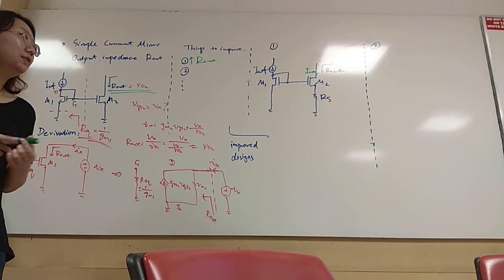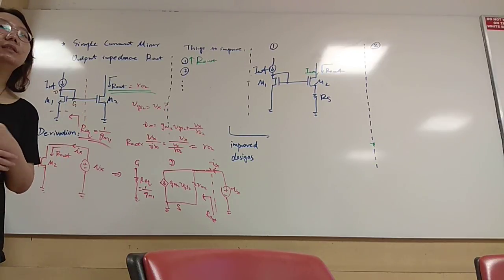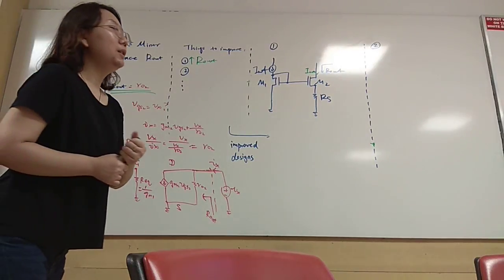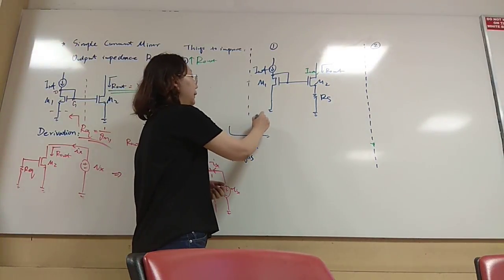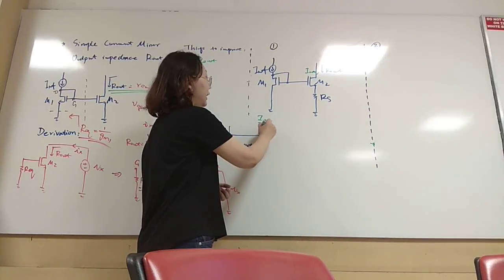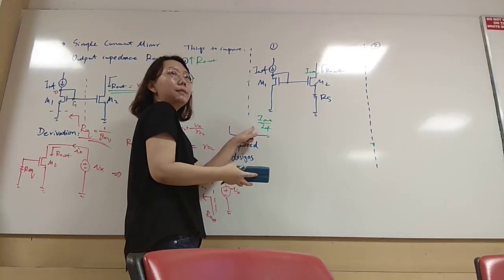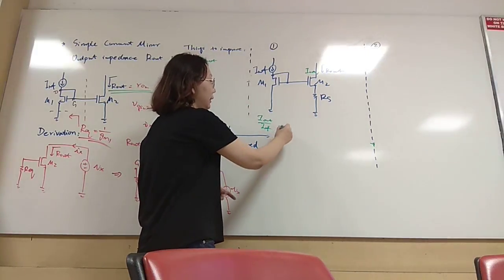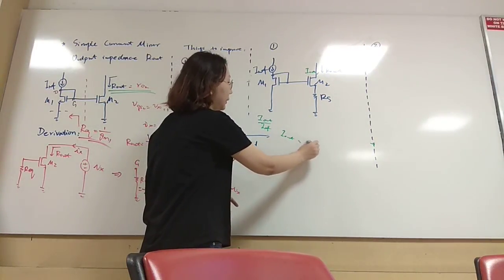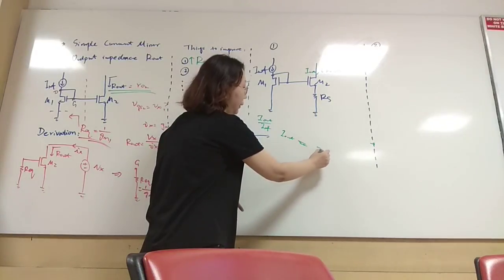How to derive the mirror ratio for this one? Or if you cannot write it in the form of I out over I ref, you can also write I out equals something times I ref.